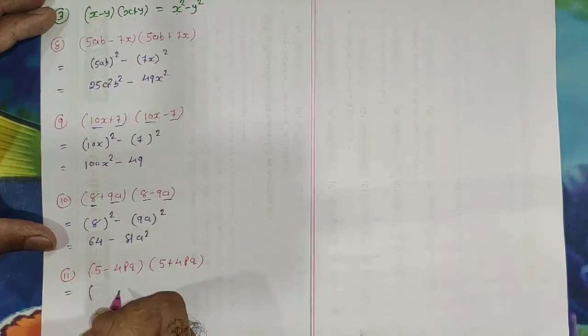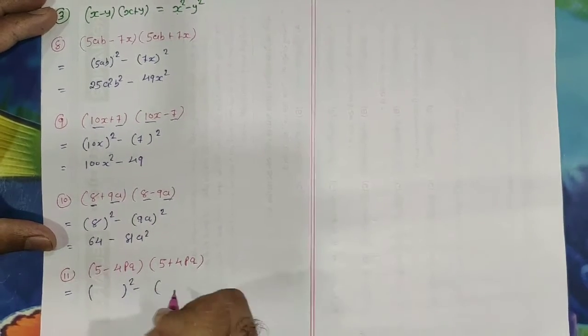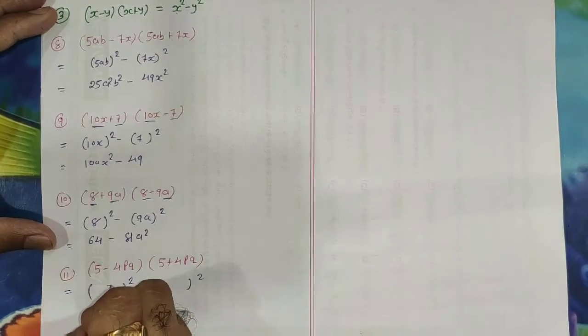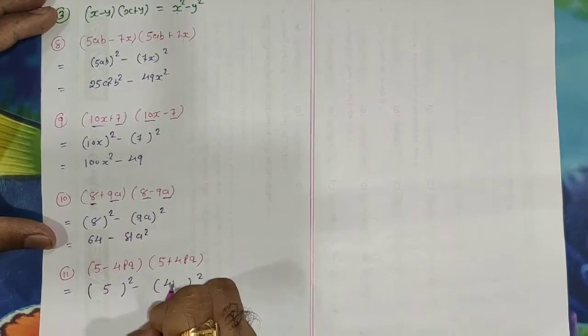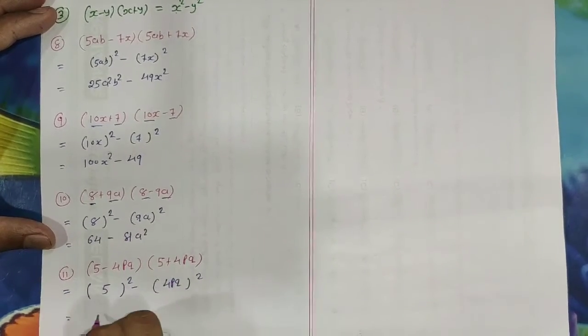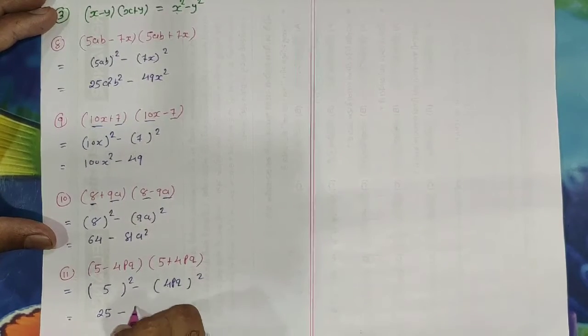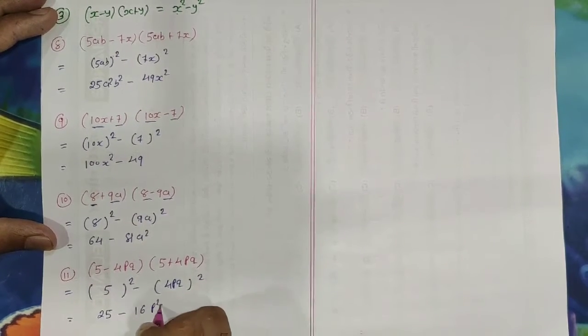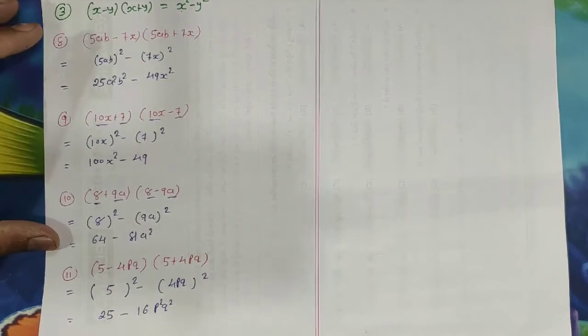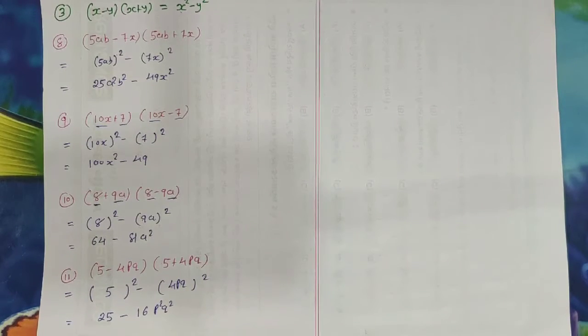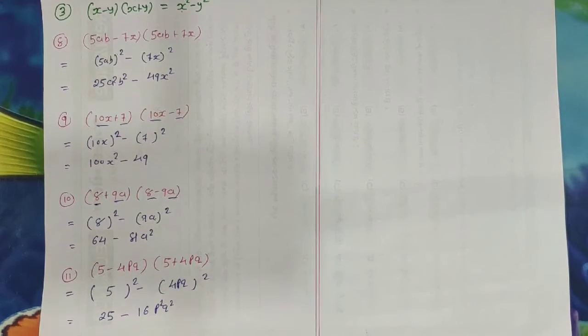So here the expansion is first term square minus second term square. Here first term is 5, second term is 4pq. So 5 square is 25 and (4pq) square is 16 p square q square. Clear, students? So this is how you can solve the sums related to identity number 3.